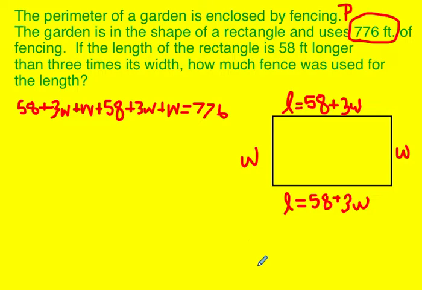So the left-hand side is really long, but if I look at it, I have some like terms. So I have 3W, I have this W, which would be a 1W, 3W again, and then another 1W. So I have those four like terms, and I also have these 58s that would be like terms as well.